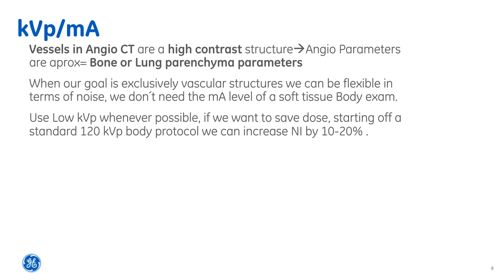So in these instances we want to use a low kV. If we want to save dose, if we have a standard 120 kV body protocol, it means that we can increase our noise by 10 to 20%.